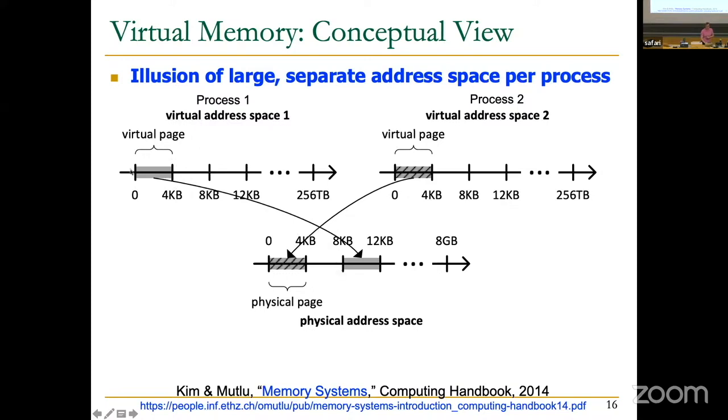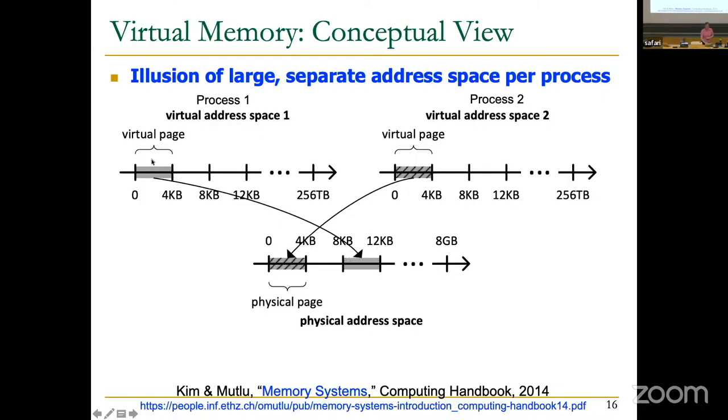So essentially, the virtual address space is divided into virtual pages. We're going to talk more about that. In this case, 4 kilobyte virtual pages. That's an example. It could be 1 megabyte, 1 gigabyte. We will see. But 4 kilobyte portions of the virtual address space actually get mapped to the physical address space, and they're present in the physical memory at that point in time.